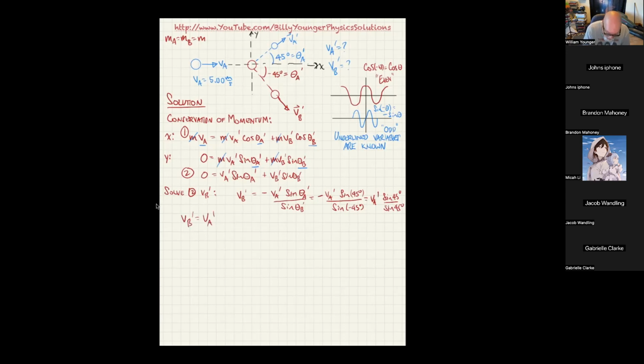So that's something helpful. We now know something specific. And now I'm going to take that, which I'll call equation 3, and I'm going to plug that into equation 1.